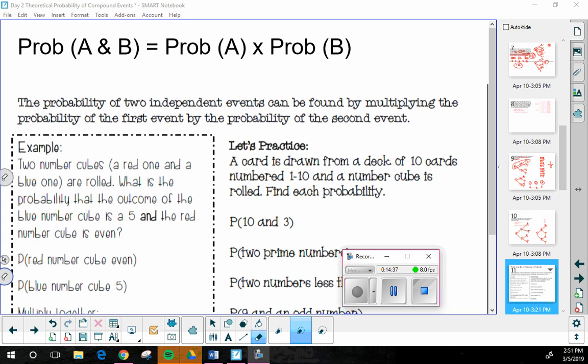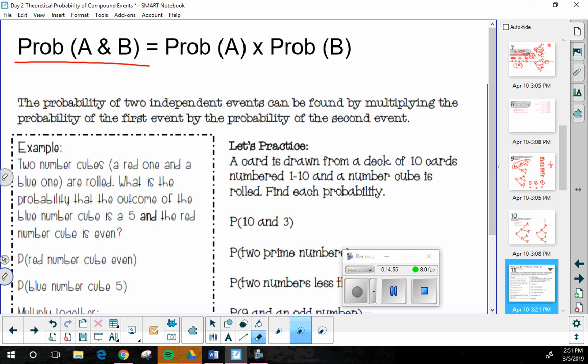The first thing we're going to talk about is independent events, things that do not affect each other. So if I roll 2 dice, whatever I roll on the second dice is not affected by what I got the first time. That's called an independent event. This is what you need to write down somewhere on that foldable.